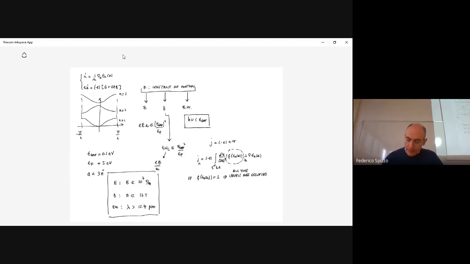So what is the value of this integral in this case? j_n is equal to minus c, the integral over the first Brillouin zone of d^3k over (2 pi)^3, then we have just 1 divided by h bar, the gradient of the energy.